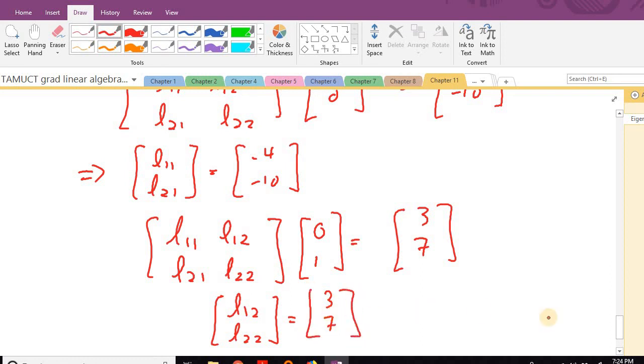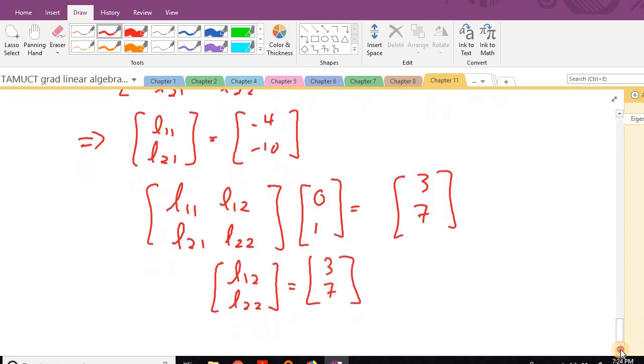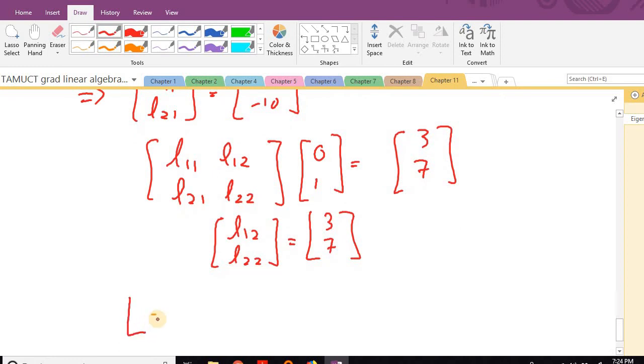All right, so then in fact that gives me the whole matrix. So that means that L is equal to the matrix with rows (-4, 3) and (-10, 7). Okay?